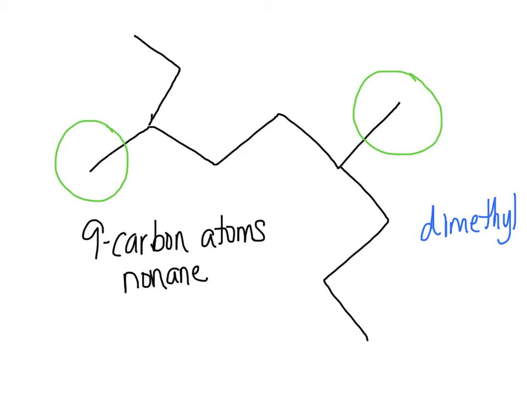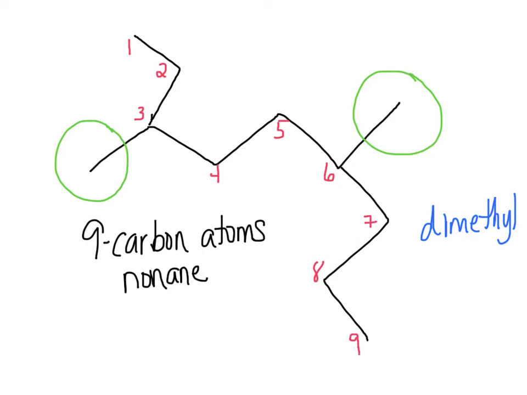Now I have to figure out where those carbon atoms, or where those methyl groups are, which carbon atoms they're located on. And I'm going to go back and I'm going to actually put in my numbers again, making sure that I number the exact same way that I counted that chain of 9 carbon atoms. So I start here with 1, 2, 3, 4, 5, 6, 7, 8, and 9.